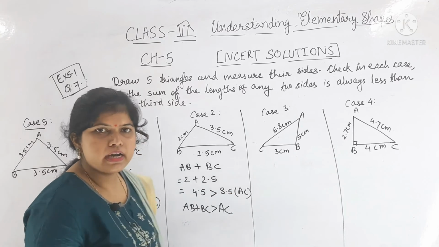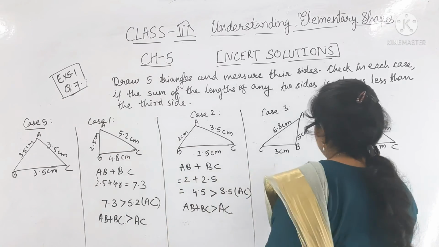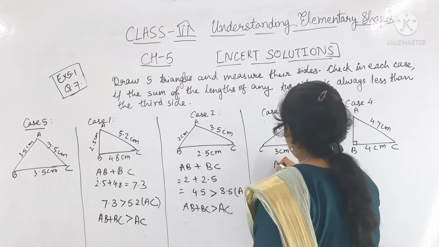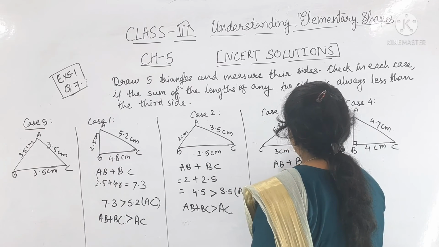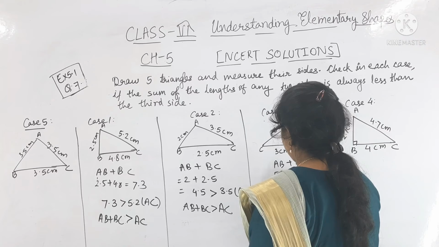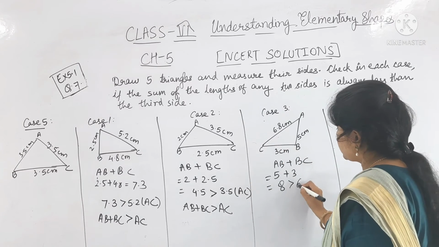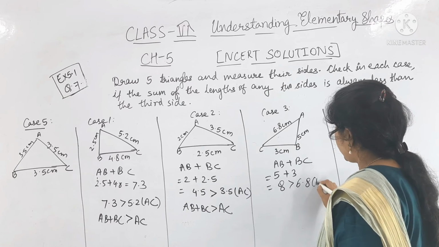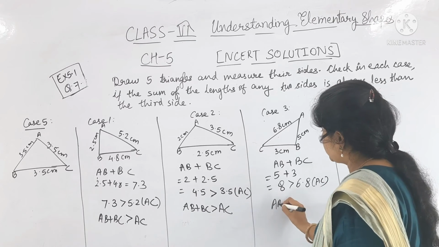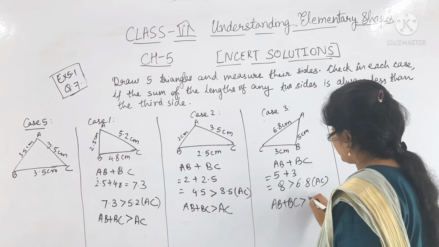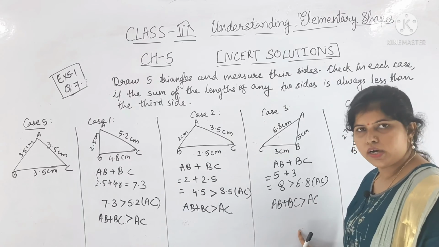Here also it is greater, not less than. Here AB plus BC, that is 5 plus 3, 8 centimeter, that is greater than 6.8, okay, that is AC. So AB plus BC is greater than AC, that is also greater than.